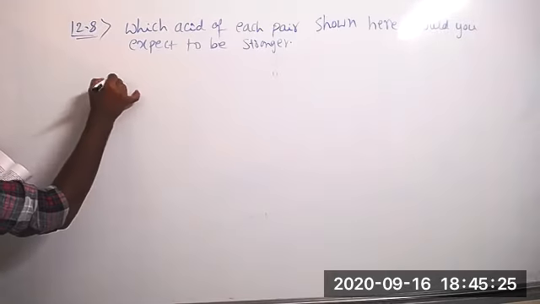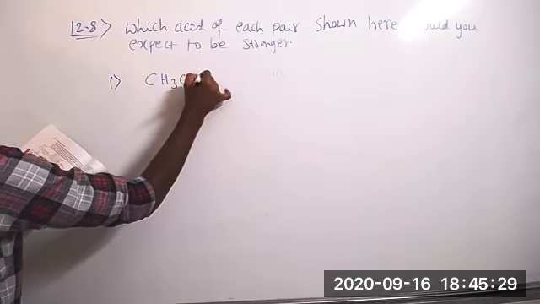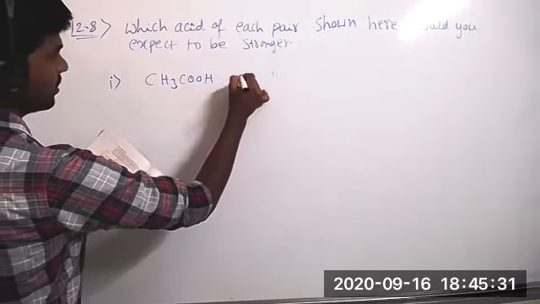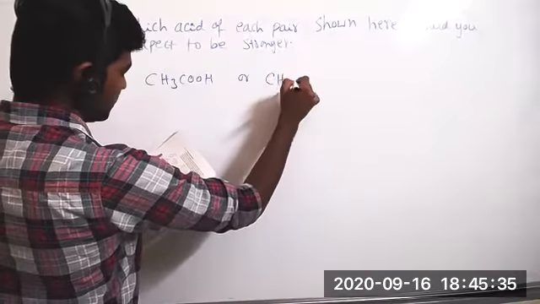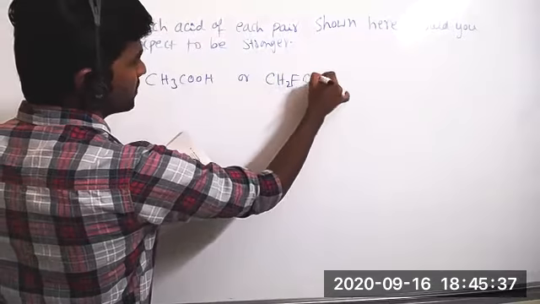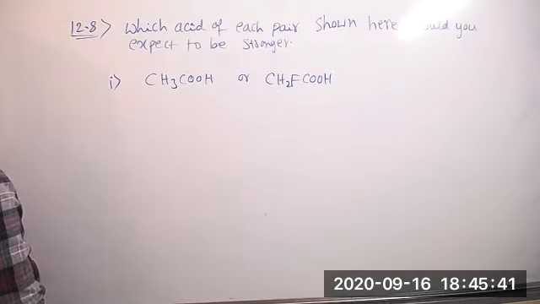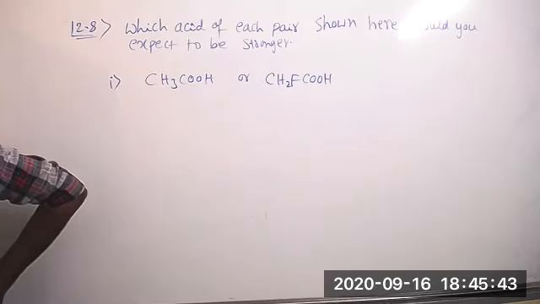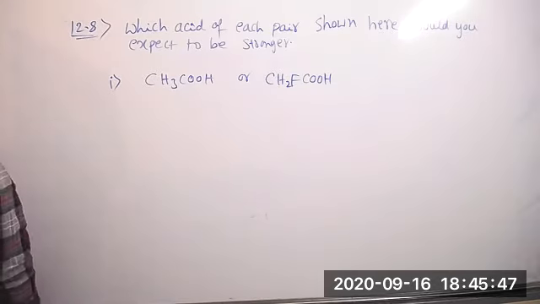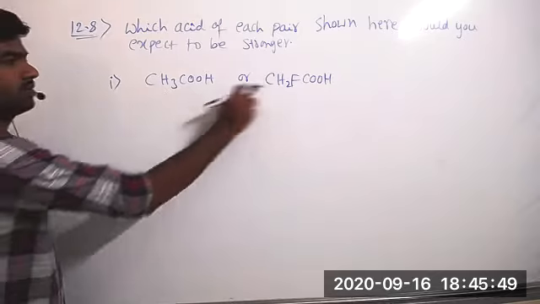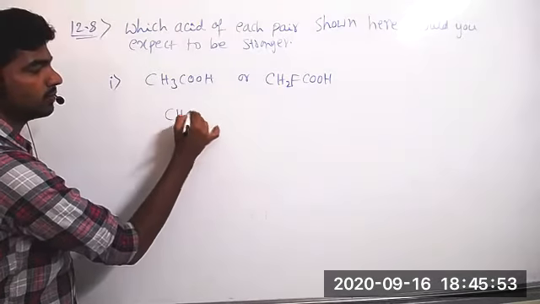The first pair is CH3COOH or CH2FCOOH. Which is more acidic? Sharath. Sir, CH2FCOOH. Yeah, here an electron withdrawing atom, fluorine, is there, so the more acidic one is CH2FCOOH.